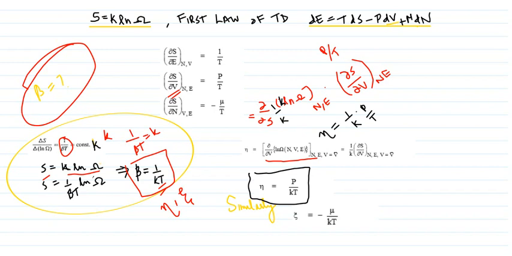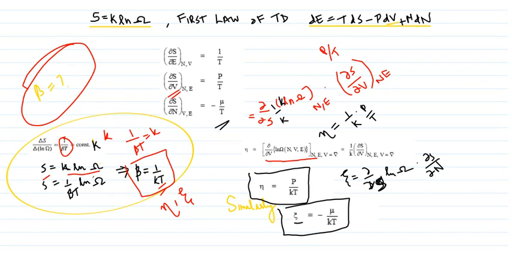And with a similar approach, you can find out psi, which happens to be mu by kT with a minus sign. Same equation: psi is equal to dou by dou N of ln omega. Now you can change this with chain rule. This N can be shifted with S. So dou by dou S into dou S by dou N, that you already have in this equation, right?